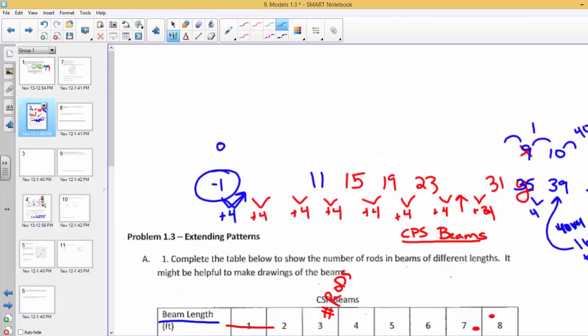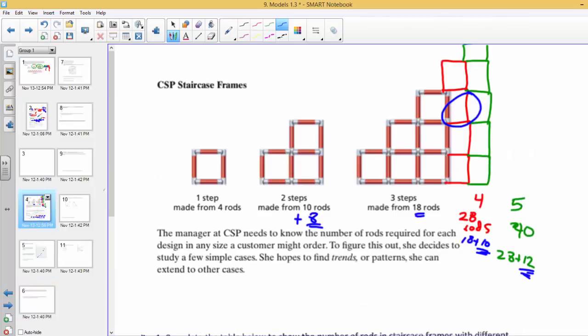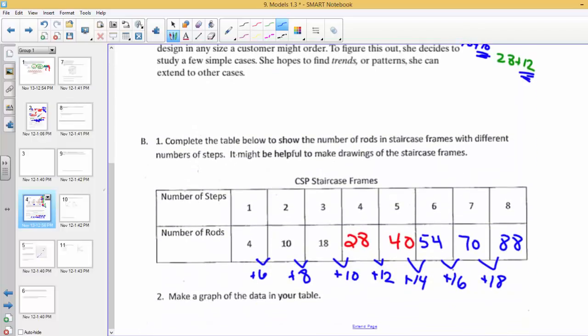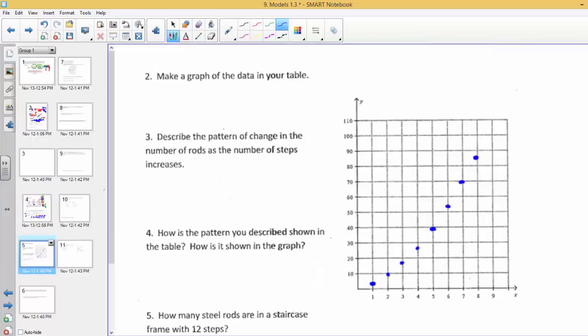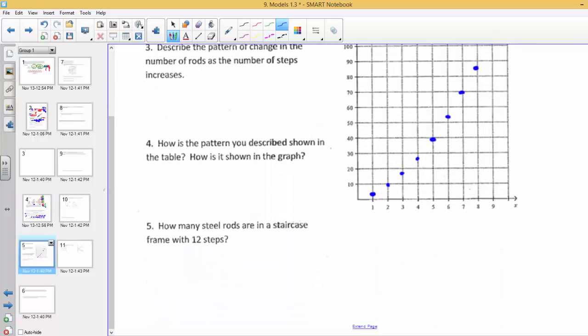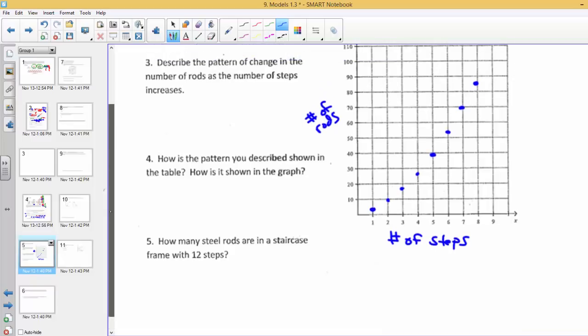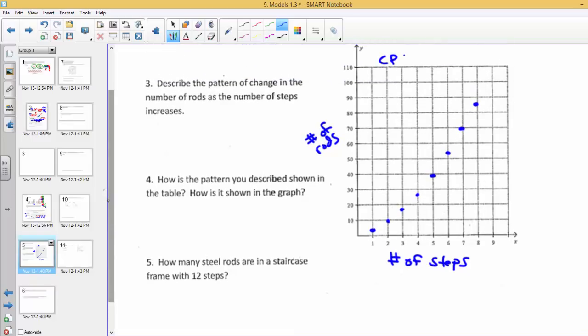And remember, our x value here is number of steps, and our y is number of rods. And your title could be CPS Stairs, or whatever you want. Okay.